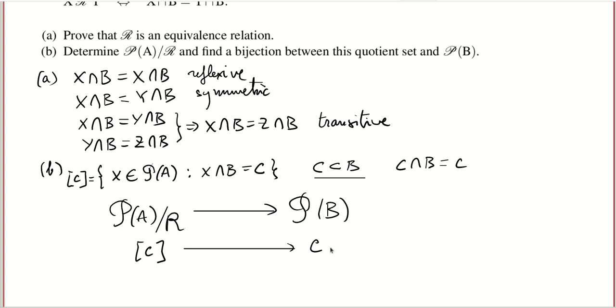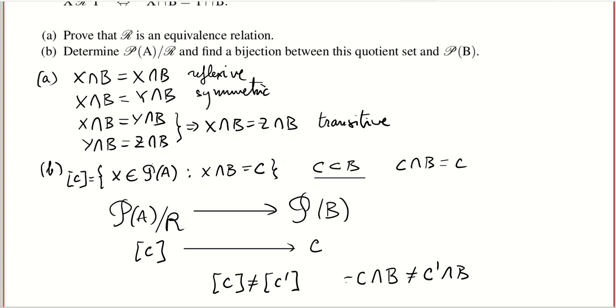So this defines a mapping, and if we take different classes, so C is different from C prime, that means that C intersection B, which is C, is different from C prime intersection B, because if they are the same, then these two classes will be the same. Since they are different, the two elements are not related, so this is not equal to this.